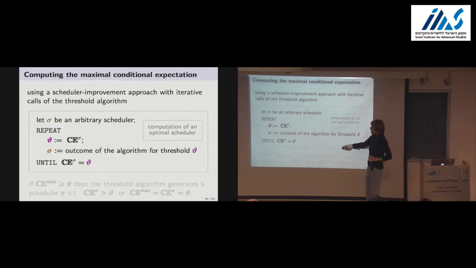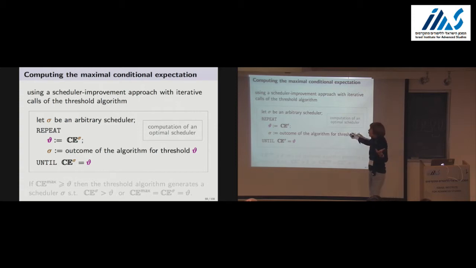In case that the maximal conditional expectation is indeed greater or equal theta, then it generates a scheduler such that either the conditional expectation under this constructed scheduler equals theta, in which case this is already a maximal, an optimal one, or it generates a scheduler sigma where the conditional expectation is strictly larger than theta.